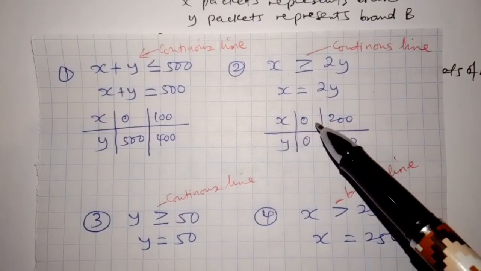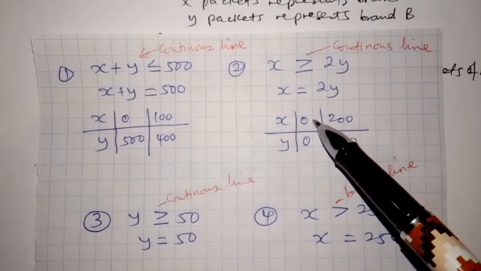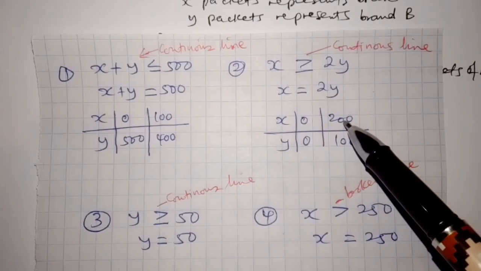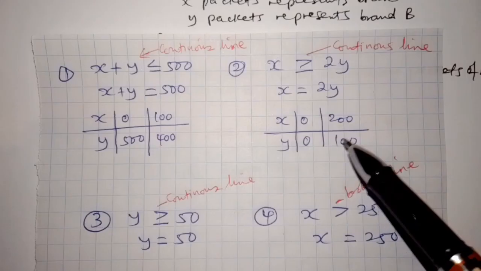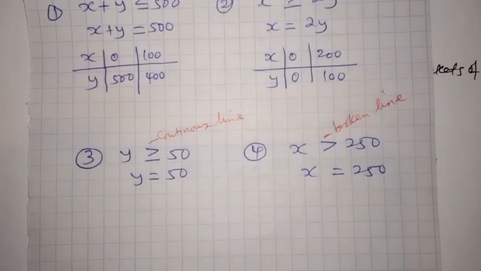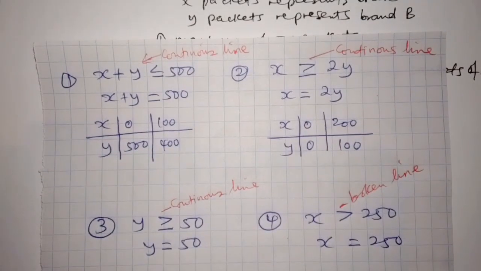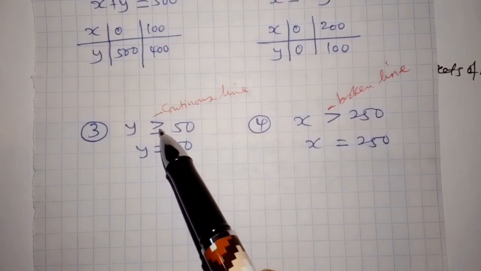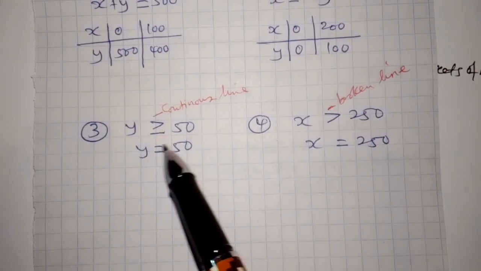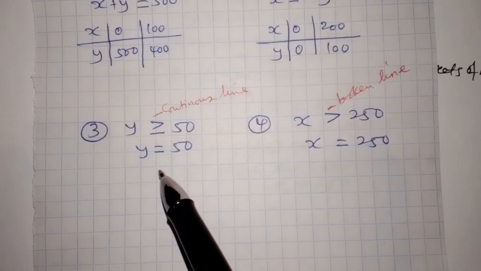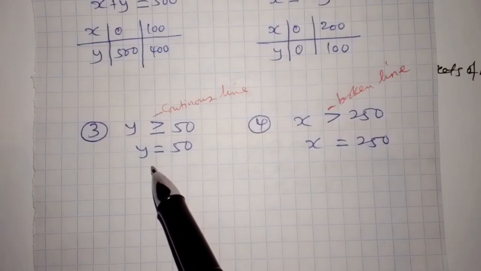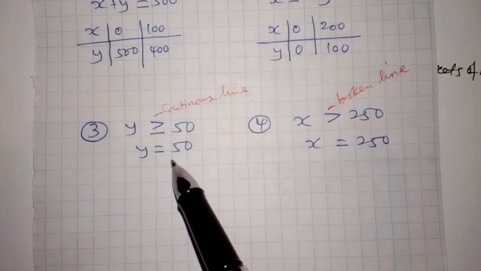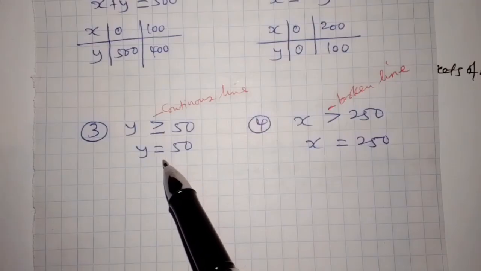When X is 0, Y is 0. When X is 200, Y is 100. Y is greater or equal to 50. We will draw a graph of Y is equal to 50. This is going to give us a straight line.